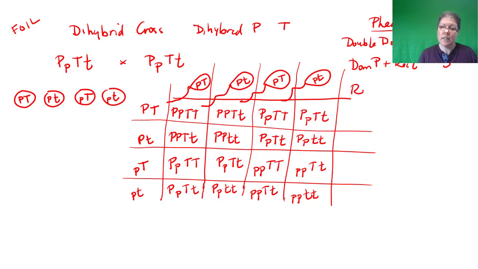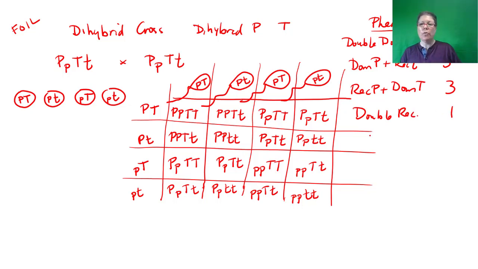All right, recessive P plus dominant T, there should be 3 of those. And then we have a double recessive. There should be 1 of those. So you should have a 9:3:3:1 phenotypic ratio.